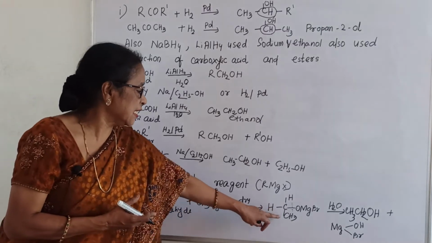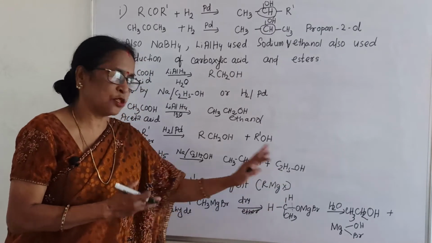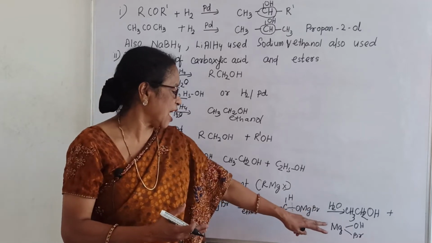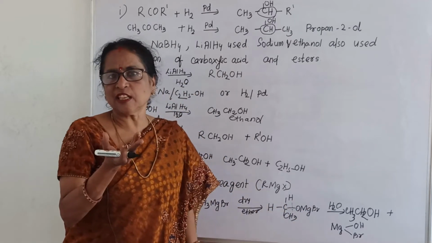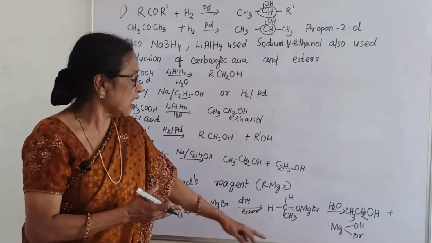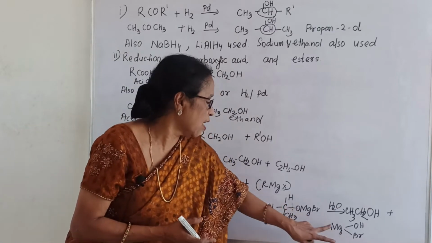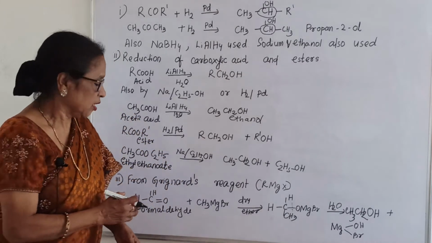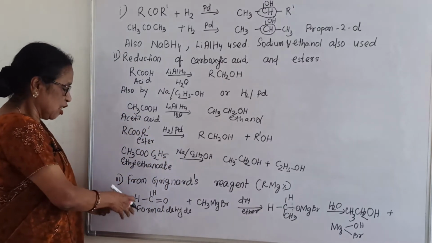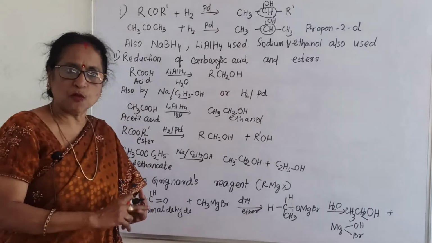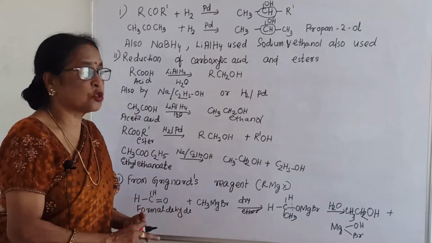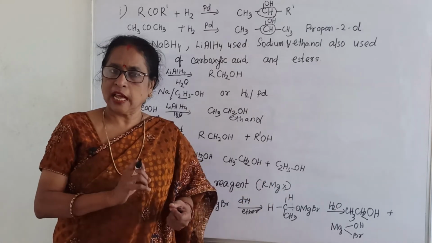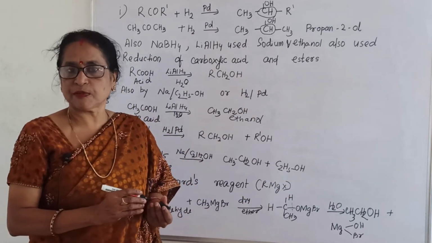Again, see, CH3CH2OH is the main product, and what remains as byproduct is Mg, with Br on one side and OH on the other, because magnesium has 2 valency, and the main product is ethyl alcohol. Then what is the knowledge you will get here? Formaldehyde having 1 carbon changes to a 2 carbon alcohol, that is ethyl alcohol, a primary alcohol.